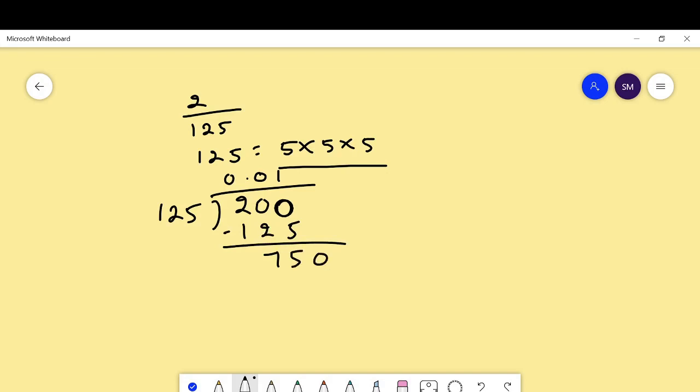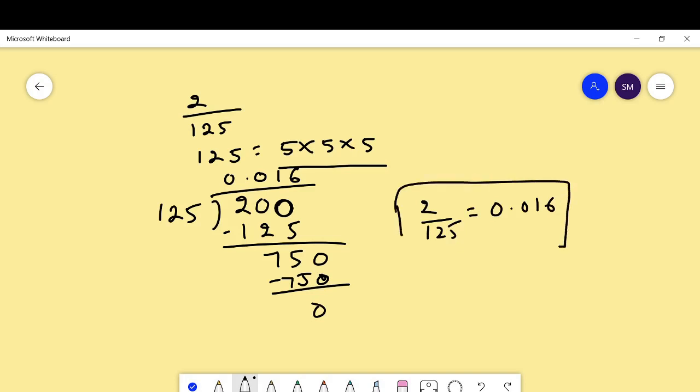Yes, 750. By dividing this, we get 125 6 ja 750. Then 2 upon 125 in decimal form is 0.016. Here we get a terminating decimal because the denominator's factors are only 5.